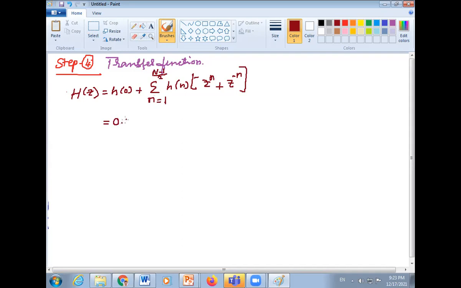Plus this, we will write summation n equals 1 to 5 of h of n into z power n plus z power minus n.